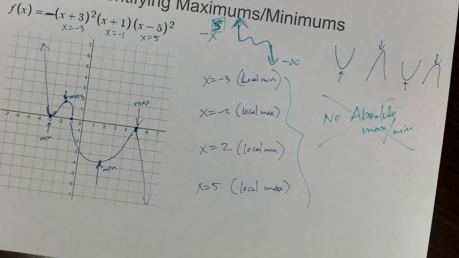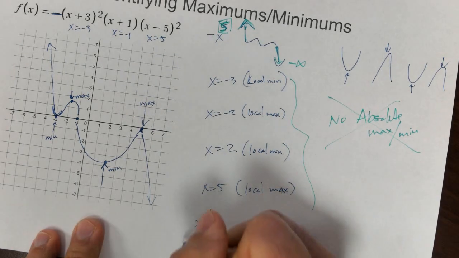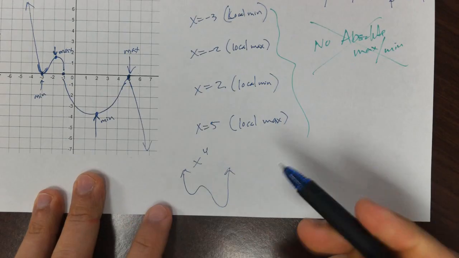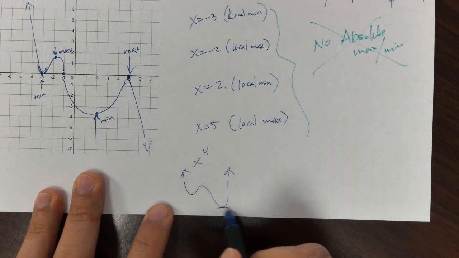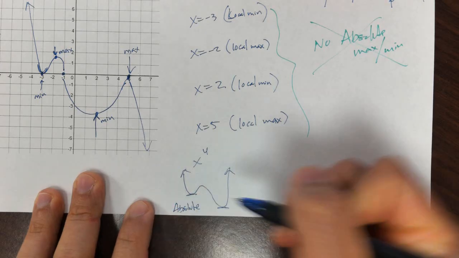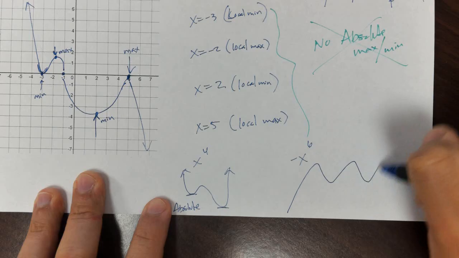What about even exponents? Right? Like x to the 4th. Since both arrows are pointing up, you will have either this point or this point be the absolute minimum. Or maybe it's like x to the 6, like a negative x to the 6, where it's pointing the other way.